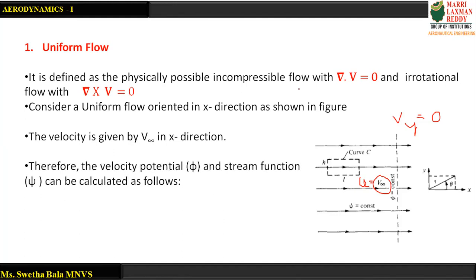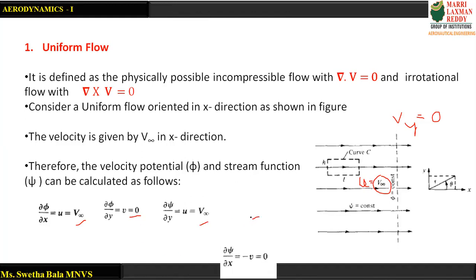Therefore, for the velocity potential and stream function, we already know the relation between the velocity field and the stream function. That is given by these four equations. Dou phi by dou x is equal to u, equal to v infinity. Then the stream function, xi, is given by the next two equations.